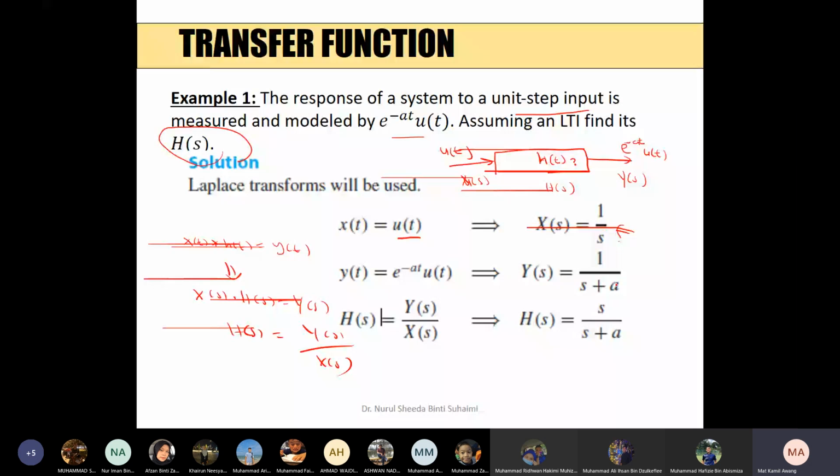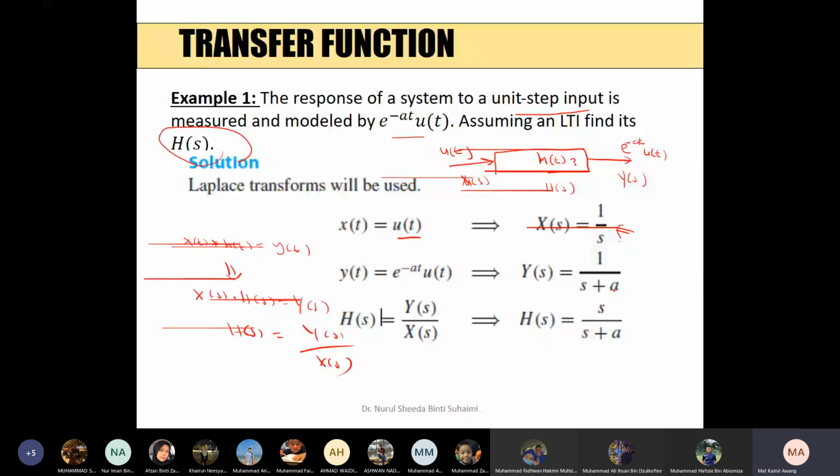What about Y of s? Y of s is the Laplace transform of y of t, which is e to the minus at u of t. So you take the Laplace transform of e to the minus at u of t, you get Y of s is equal to 1 over s plus a.